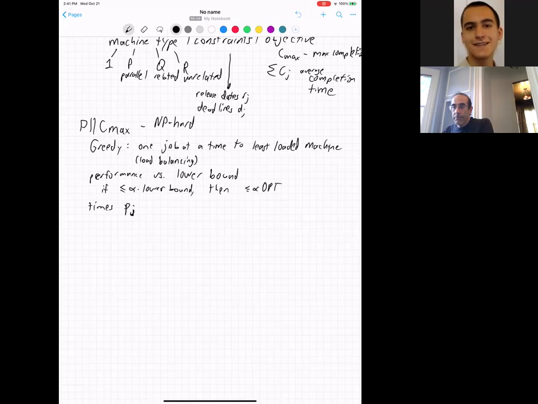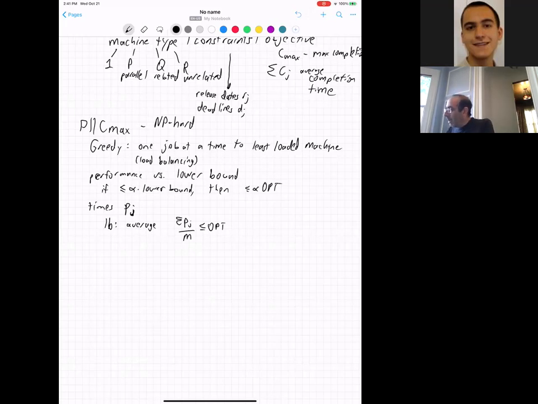The average. Right. So we know that one valid lower bound is the average processing time: the sum of all the processing times divided by m. We know that bound is less than or equal to the optimum because some machine has to use at least the average processing time.